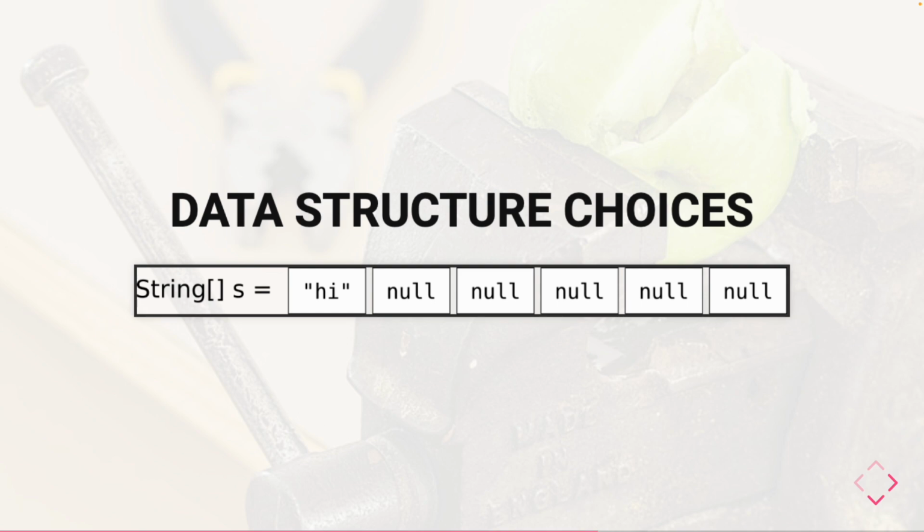We saw this with strings. At the very beginning of our string example, we just had an array with a constant size. I don't remember how many characters it was, but it was a lot. And if you're just storing something like hi, that wastes some space. It was much better for us to dynamically allocate the char array for our string, because then we're only using the space that we need.